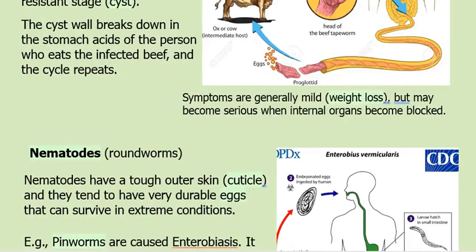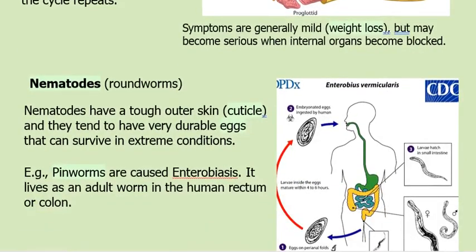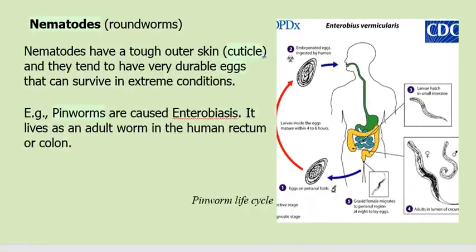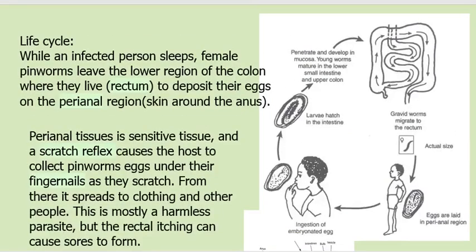Sorry about that. So one that I'm thinking of is the pinworm. The pinworm is Enterobiasis. And let's go to the next page. I want to show you this life cycle. Itchy anus. That's a symptom. The scratch reflex, because the adult's going to lay eggs right around the perianal region, around the anus.